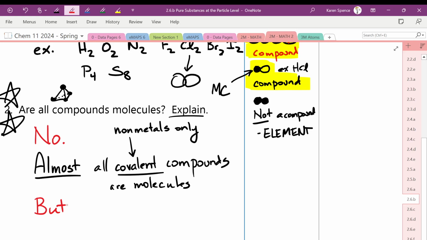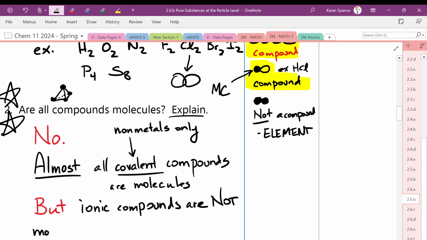But what about ionic compounds? Ionic compounds are not made of molecules. What form do they take? They don't take the form of a molecule.